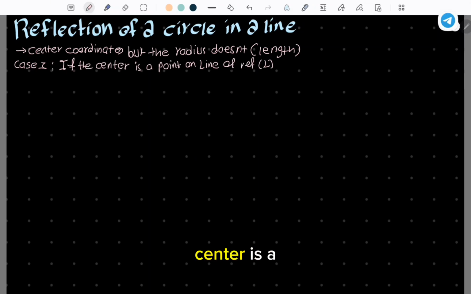if the center is a point on the line of reflection L, then the circle's image is itself.